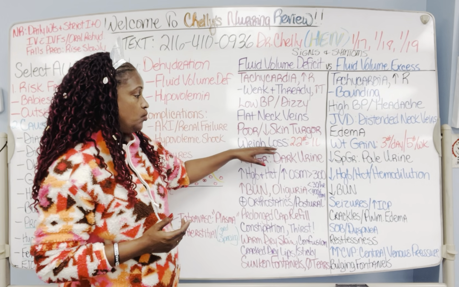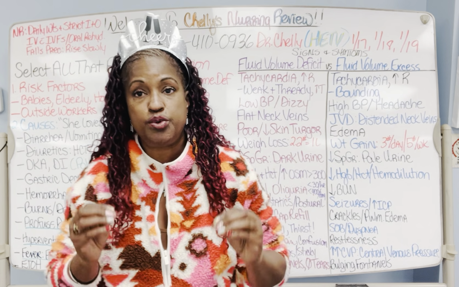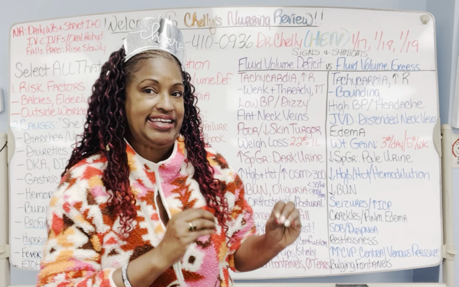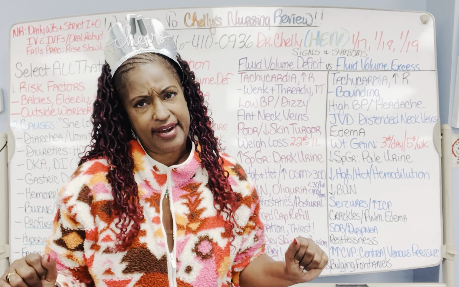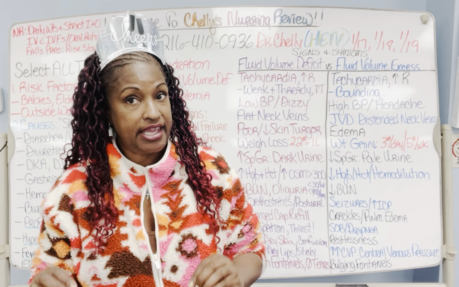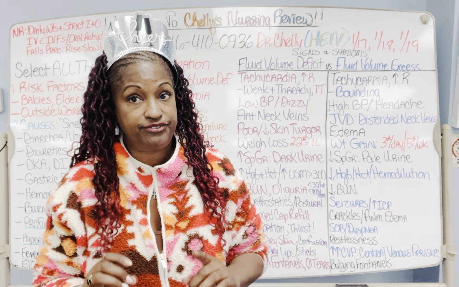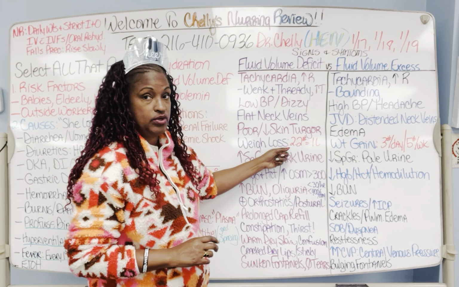When we look at weight loss, we want to remember that 2.2 pounds equals 1 liter of fluid loss. I'm going to say that again. 2.2 pounds equals 1 liter of fluid loss. That's how you got to look at it when they lose that weight.